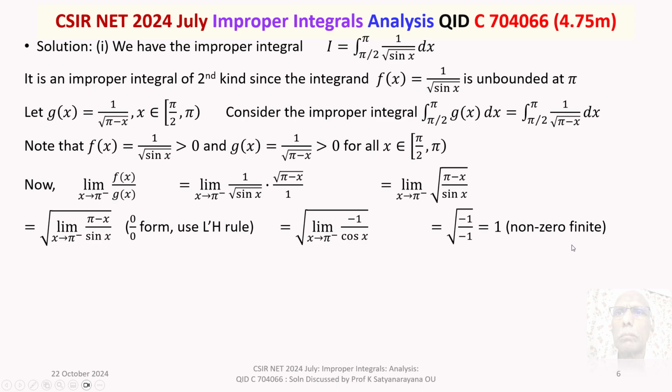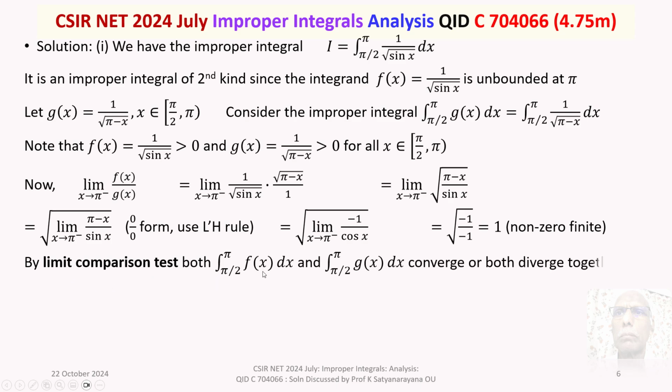Now recall the limit comparison test. By the limit comparison test, both the improper integrals converge or both of them diverge together. So we take the integral from pi by 2 to pi of g of x dx.